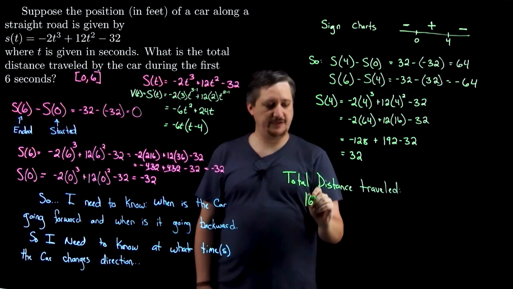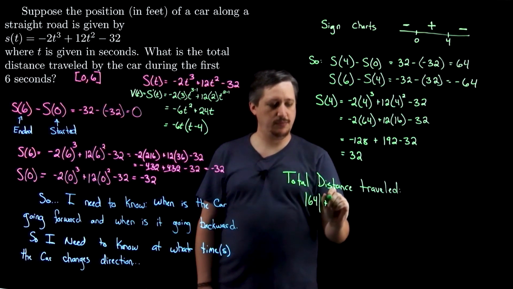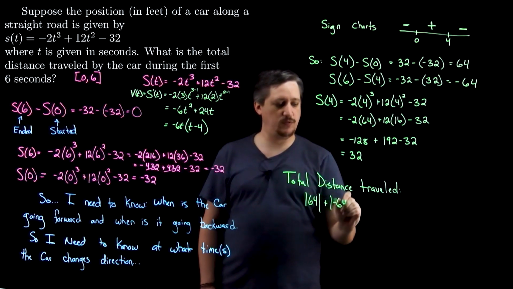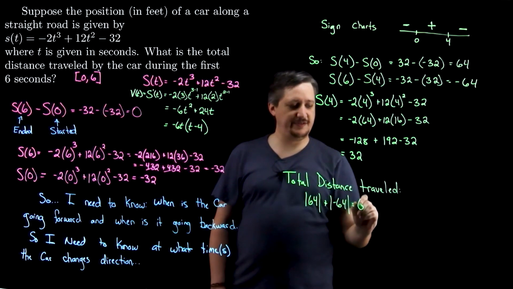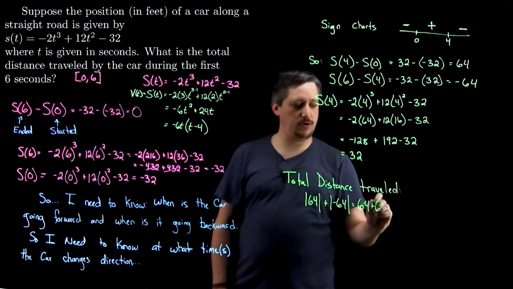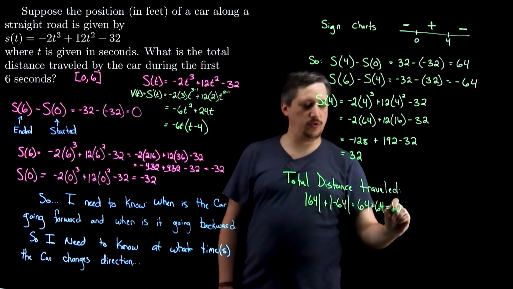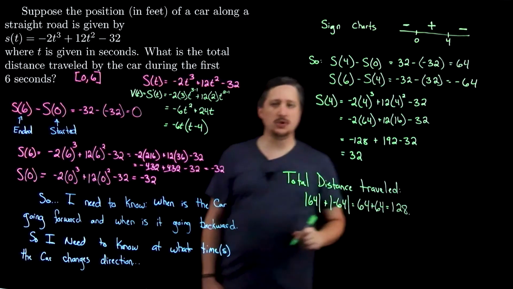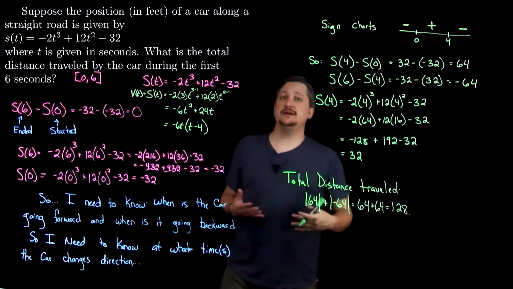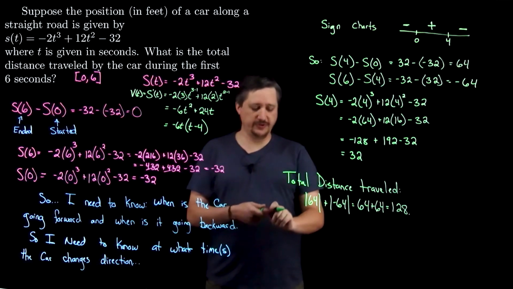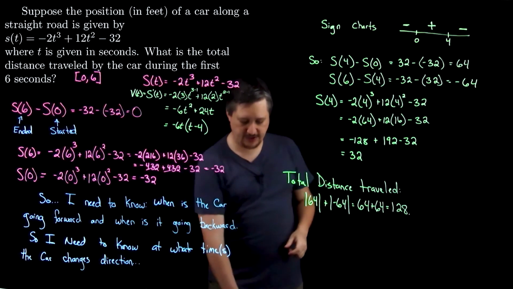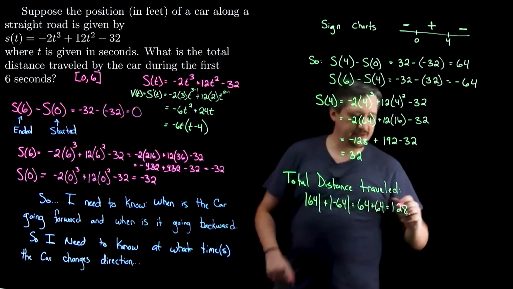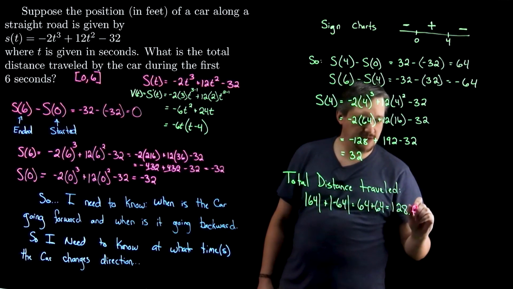So it's 64 plus absolute value of negative 64, which is 64 plus 64, which is 128. Okay. So the takeaway here is when you're trying to figure out total distance traveled, which to be clear, again, this is 128 feet.